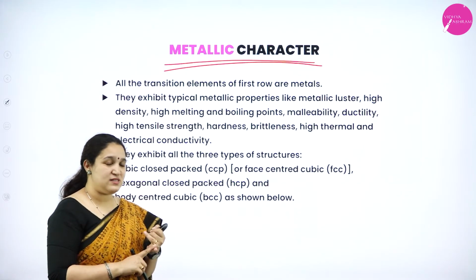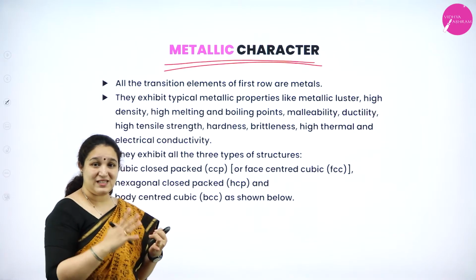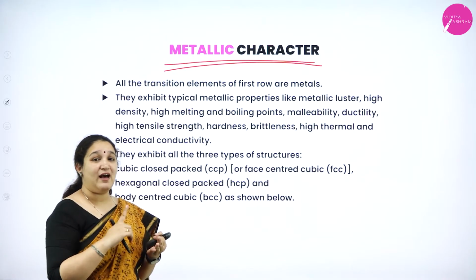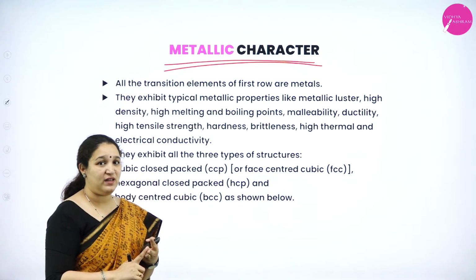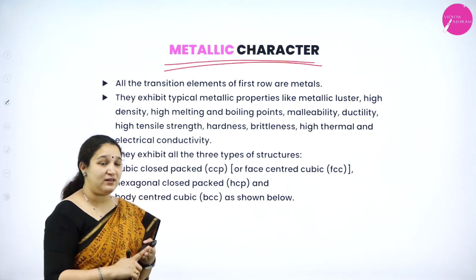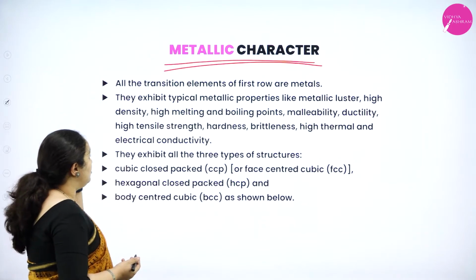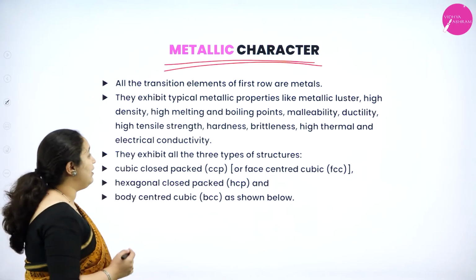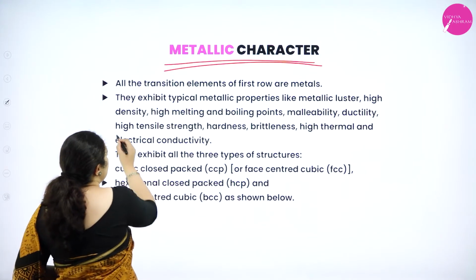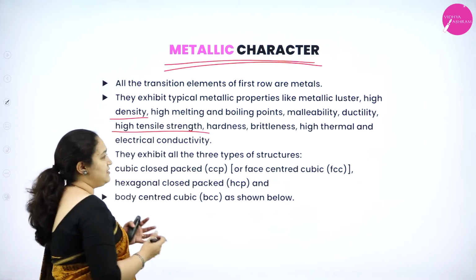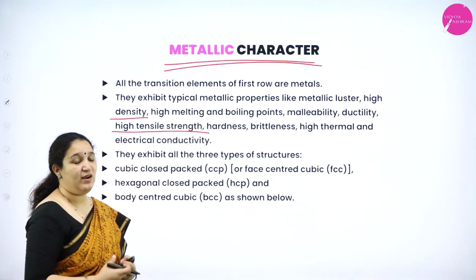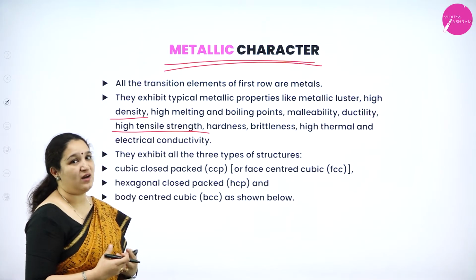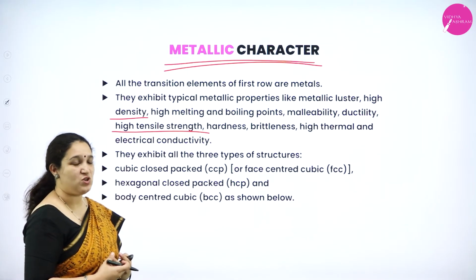They have high tensile strength, they have luster or they shine, they have high thermal as well as electrical conductivity, they are malleable, they are ductile, isn't it? They have a high melting point, boiling point, high tensile strength, density, etc. are the properties of metals. And all of these characteristics are observed in transition elements also.